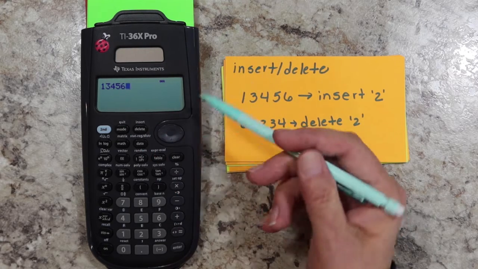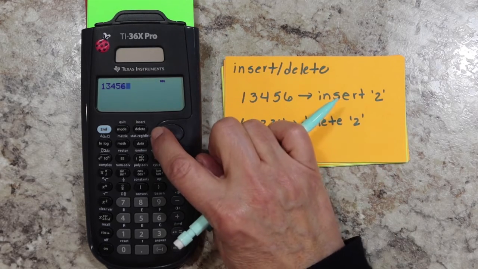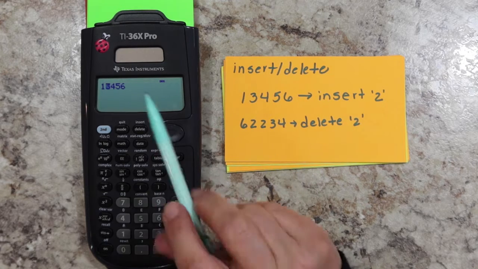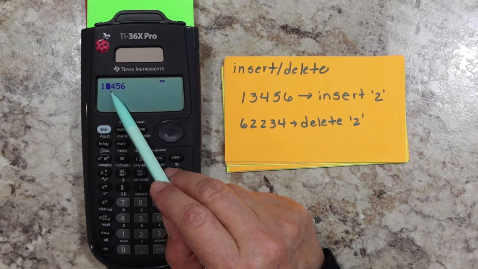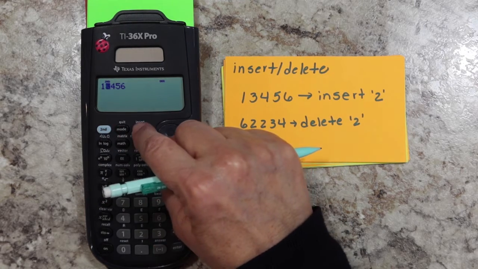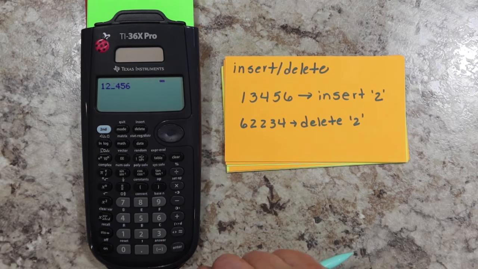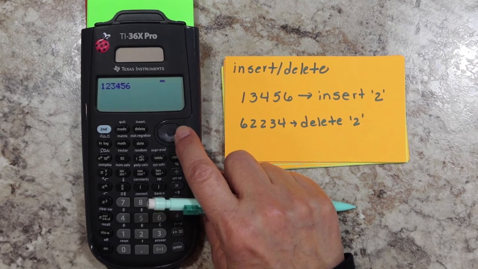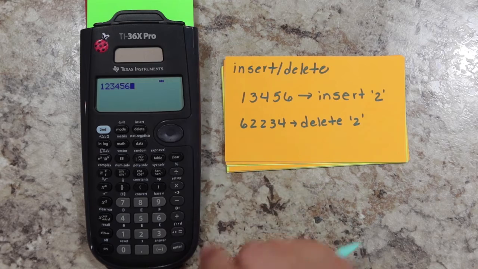You can scroll, this is your scroll button, scroll back over, and it's going to put it before whatever letter is blinking. So if I go over here, scroll over here, and then I hit second insert, then I can hit a 2, go back to the end, and now I have a 2.